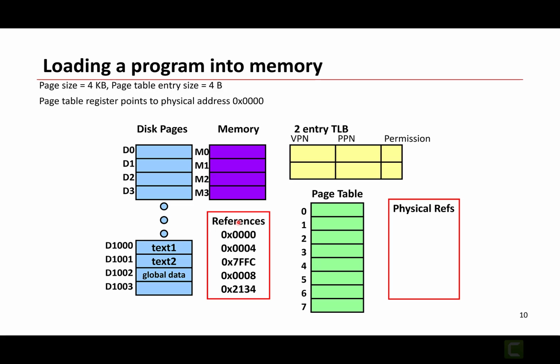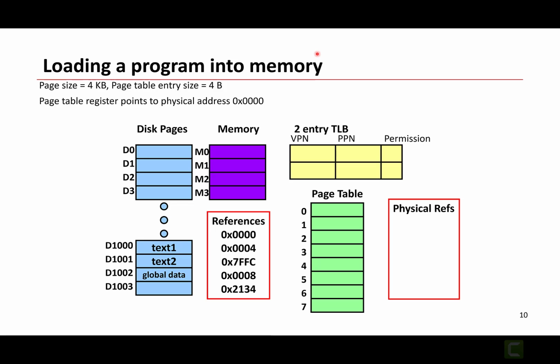And this references list is an example that I'm going to use for illustrating how this whole system works. And the physical references are the addresses that I would get after translating these virtual addresses into physical addresses. So these are virtual addresses that are generated by the program when it executes in your pipeline.